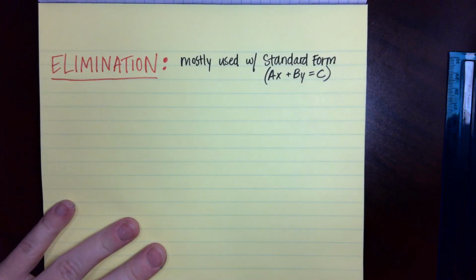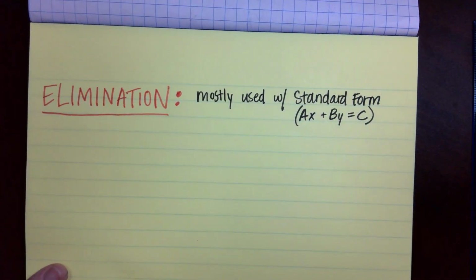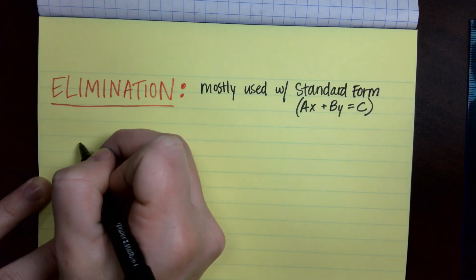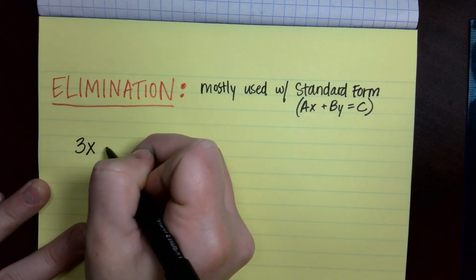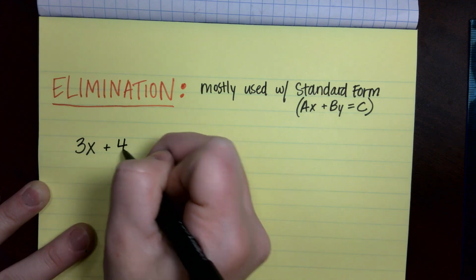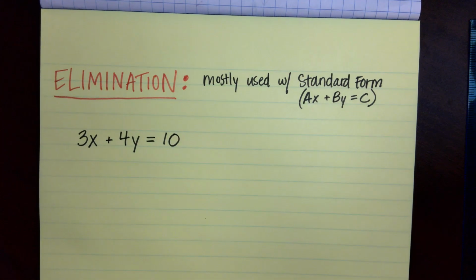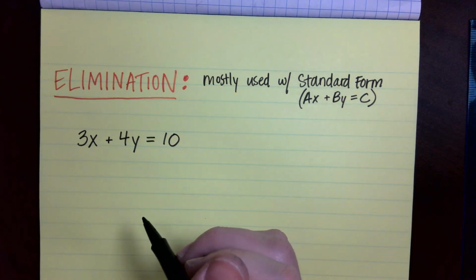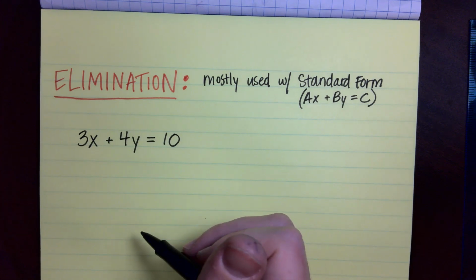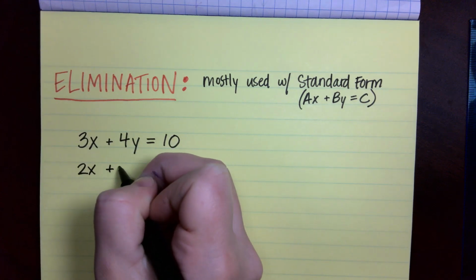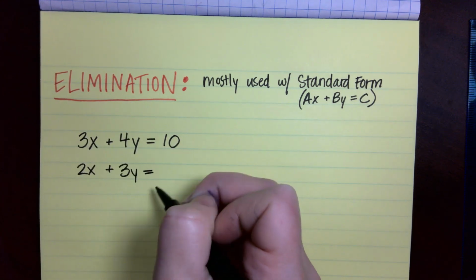So I'm going to give you two equations. How about we try 3x plus 4y equals 10, and 2x plus 3y equals, I don't know, 6.